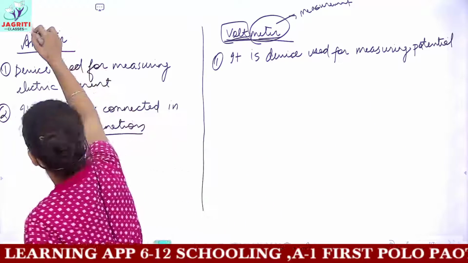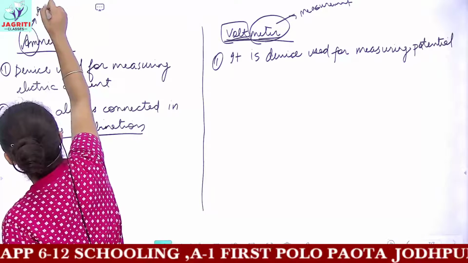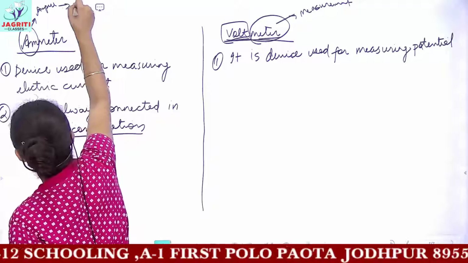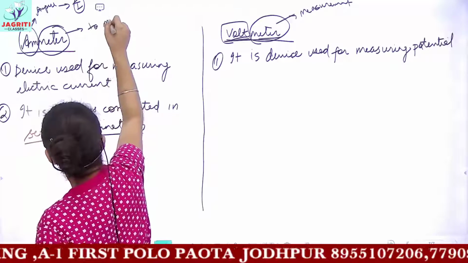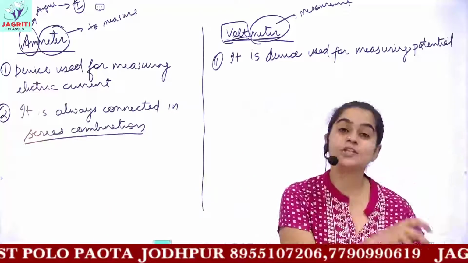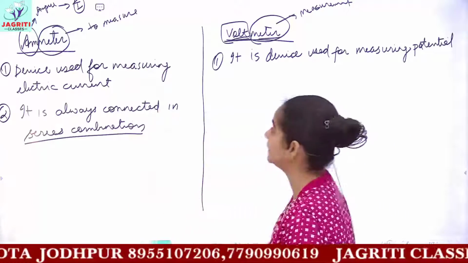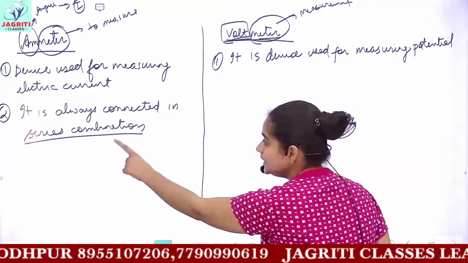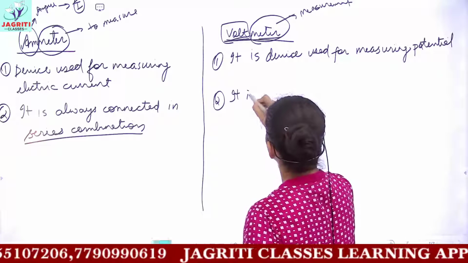Here also you can remember ammeter. Am comes from the unit ampere, and ampere is the unit of current I, and meter means to measure. So ammeter means it is a device which measures the amperes flowing through the circuit, and amperes means the current flowing through the circuit.